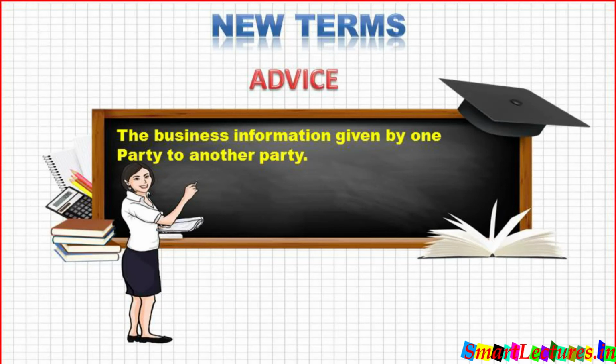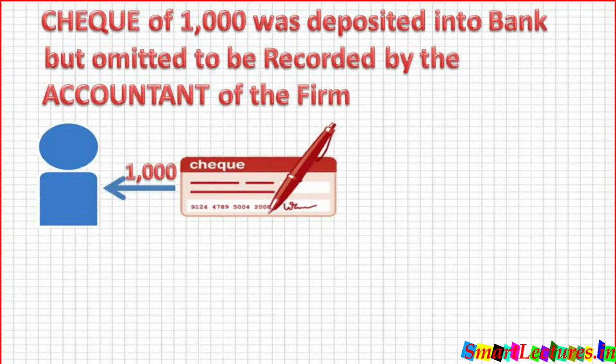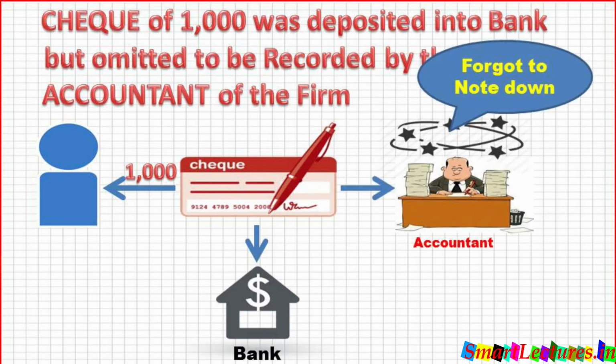Another reason: a check of 1000 was deposited into the bank but omitted to be recorded by the accountant of the firm. It means we received a check of 1000 and it was immediately deposited into the bank, but the accountant forgot to note it down.